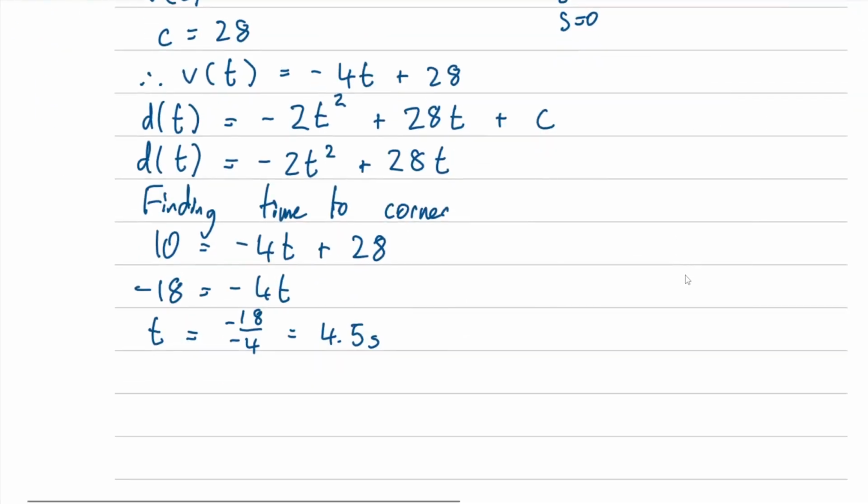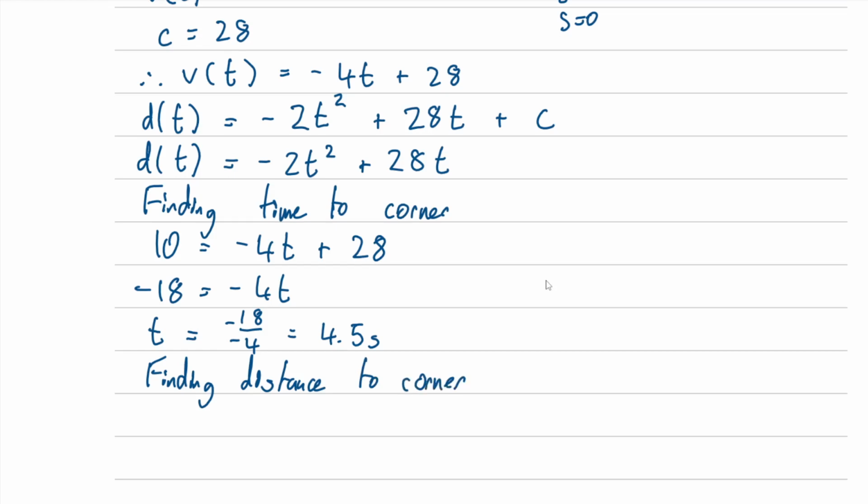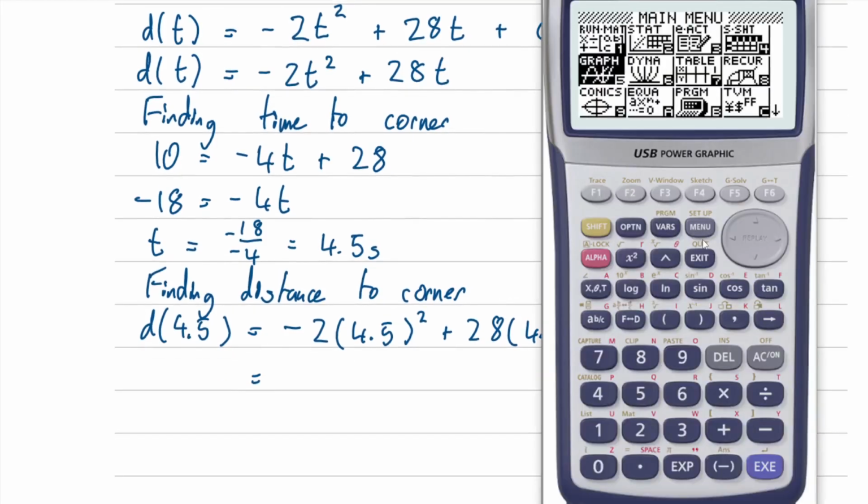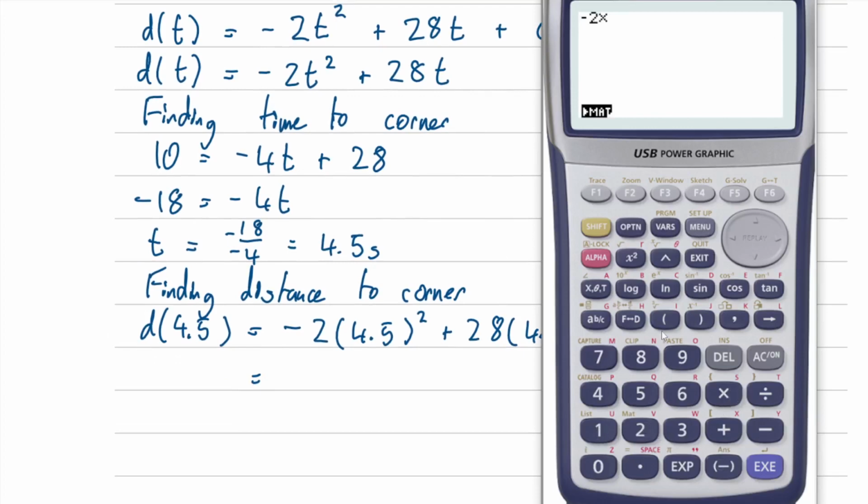Now we can work out the distance, right, using our distance equation. So finding distance to corner. So the distance at 4.5 seconds is minus 2 times 4.5 squared plus 28 times 4.5. Careful when we are squaring, let's just use our brackets.